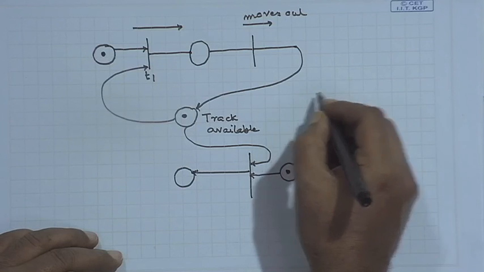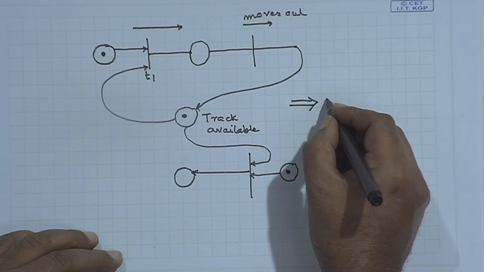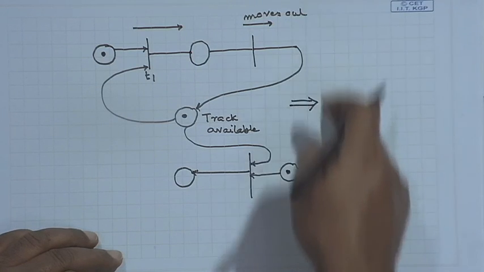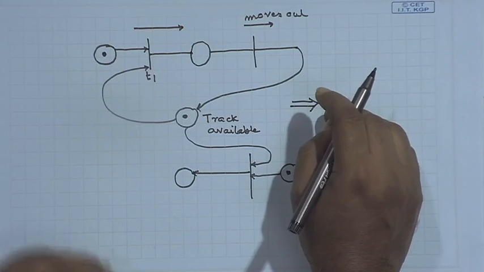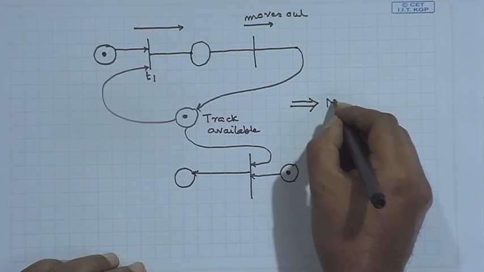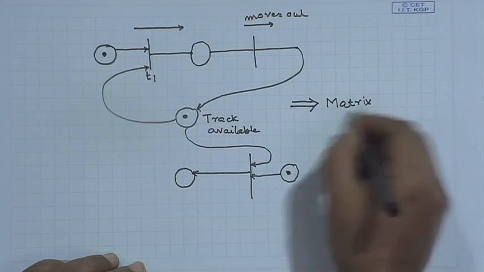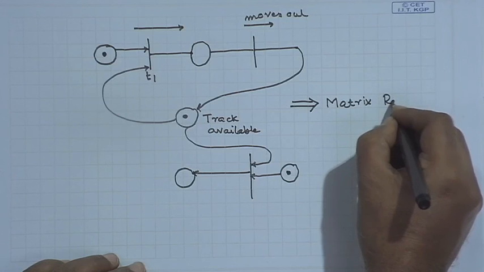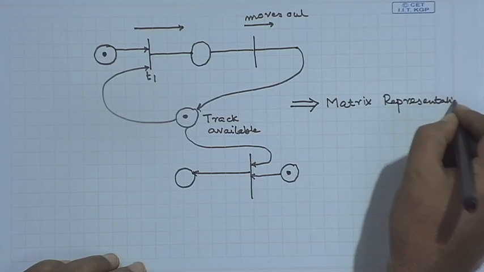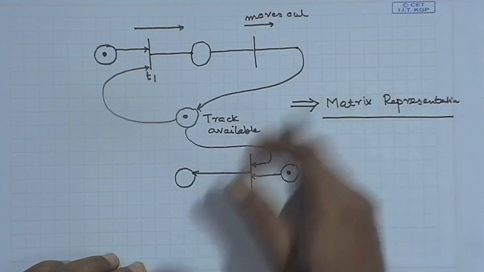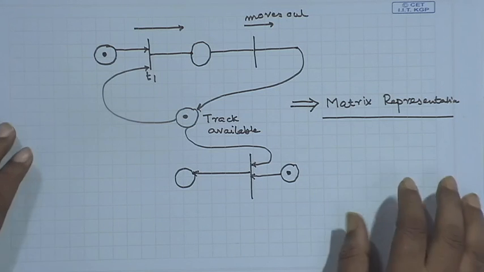Now, it can be translated to a matrix representation, where we have the places and the transitions, and using linear algebra we can do a lot of analysis on this, and that is why this comes in very handy. We can carry out a number of analyses and prove many properties of a system.